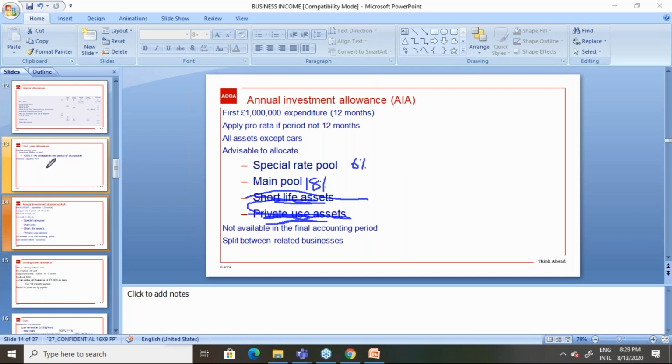Special rate pool items you can claim at 6%. Only 6%. Therefore, when you have the opportunity of claiming annual investment allowance, always go for special rate pool items first. If that is not enough, then you can go to main pool. So that's a sequence that you need to maintain. Okay.